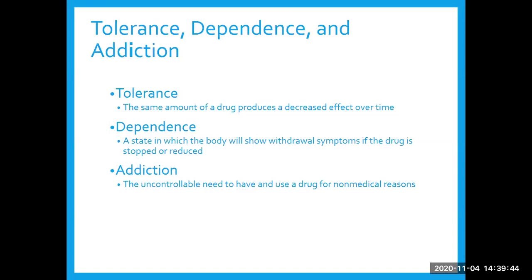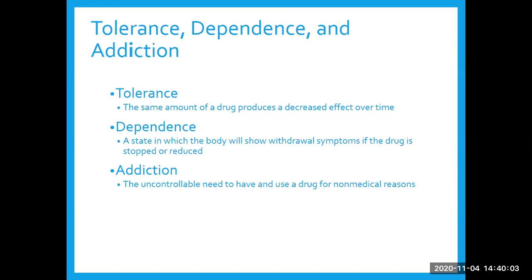So therefore, you have the word tolerance. The same amount of drug produces a decreased effect over time, how they tolerate the drug. Then you have the word dependence, a state in which the body will show withdrawal symptoms if the drug is stopped or reduced. Then there's addiction.